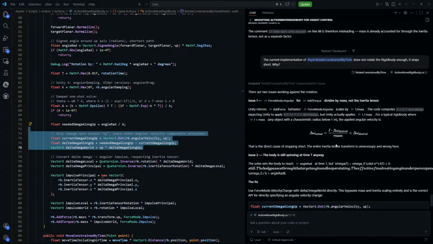Two issues working against rotation. Force mode impulse. We should be able to calculate the impulse force needed to turn X radians, right?